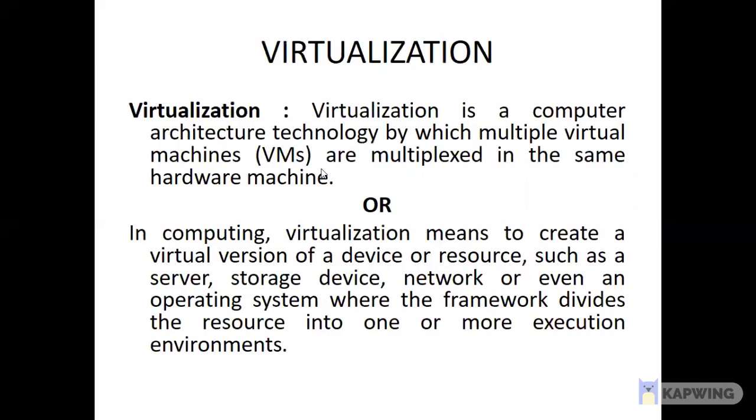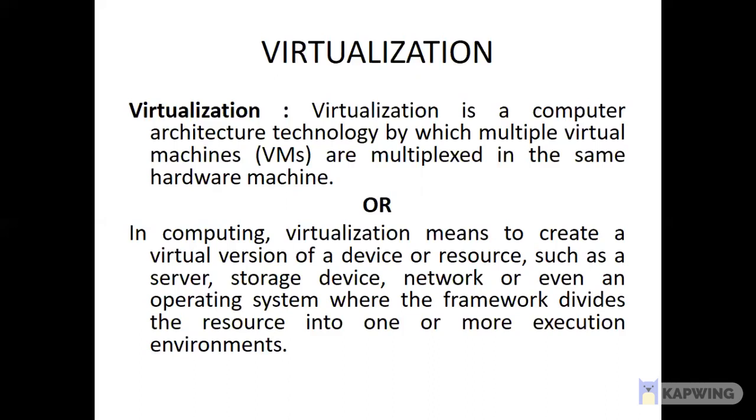So what is actually virtualization? Virtualization is a computer architecture technology by which multiple virtual machines are multiplexed in the same hardware machine. So we have only one hardware machine, that is a host machine, and on that we are creating multiple guest machines.